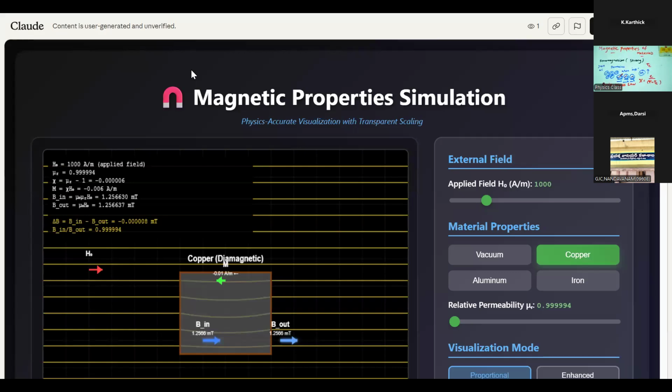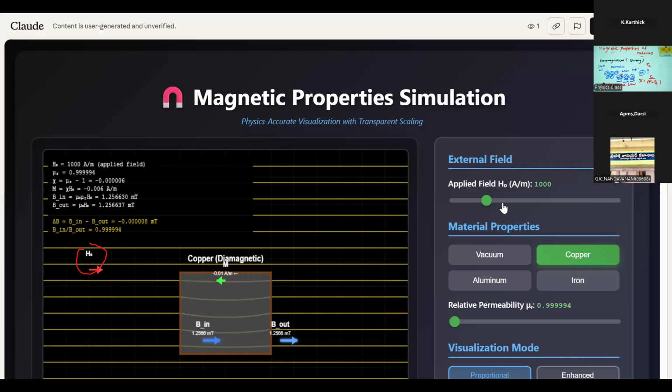Okay, look at the screen. This is our magnetic property simulation. We have an external magnetizing field, H naught, which we can control with this slider.